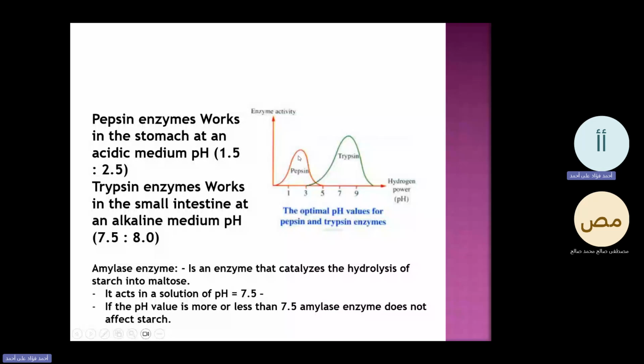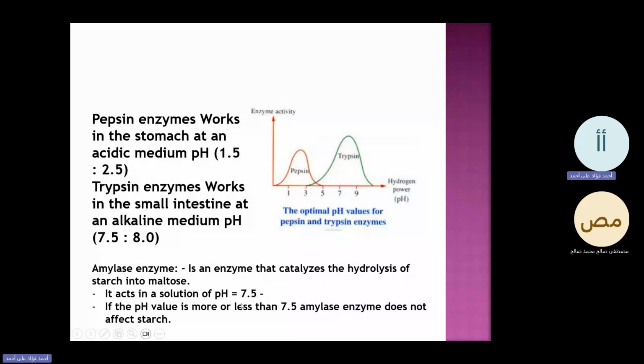One of them work in an acidic medium, which is pepsine, and the other is trypsin works on alkaline medium. Also, we have many enzymes inside the body. From these enzymes, amylase enzyme. This enzyme help in the hydrolysis of starch into maltose. It works in weak alkaline برضو.